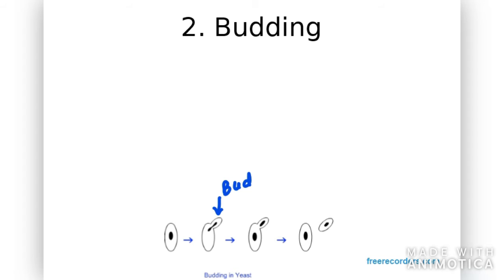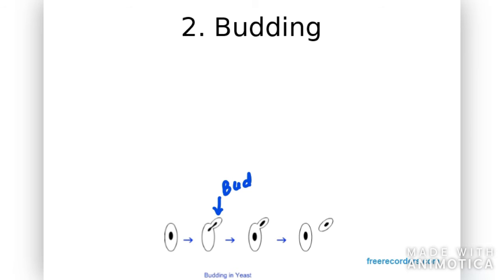If there is repeated cell division at a specific site, there will be a bud. As you can see, the nucleus elongates to form two nuclei here, one for the parent and another for the offspring. As soon as this bud matures, it detaches from the parent cell. That's how the process of budding works.